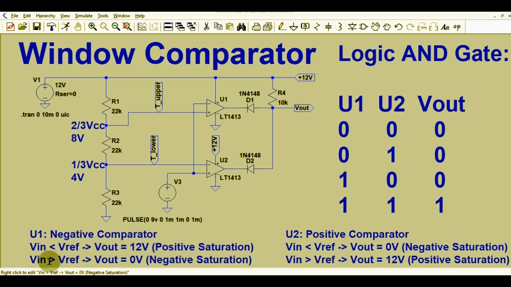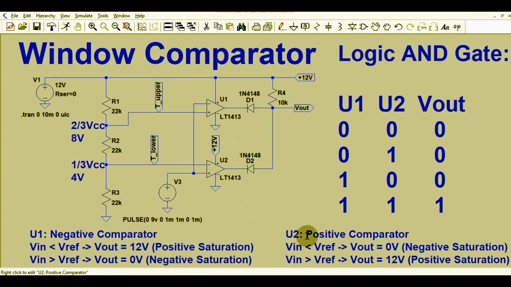If Vin is greater than V reference, at that time V out equals 0 volt. That means op-amp will go towards negative saturation. So this is the behavior of comparator U1. Okay, this is negative comparator. Why? Because input signal is connected to the inverting terminal and reference signal is connected to the non-inverting terminal, right?